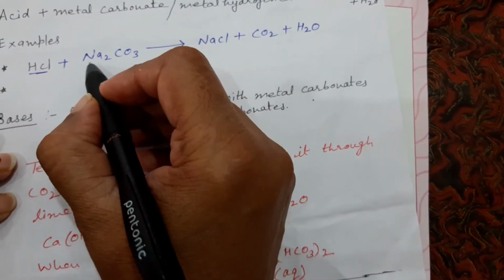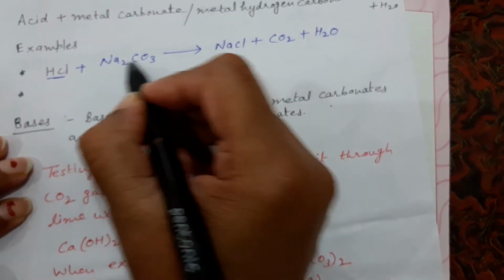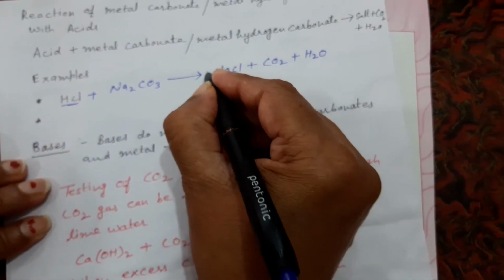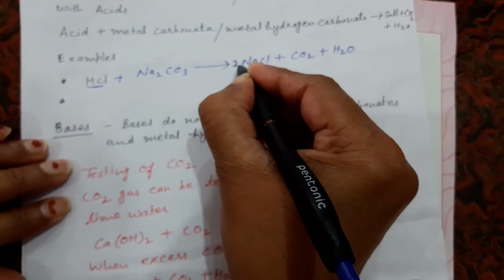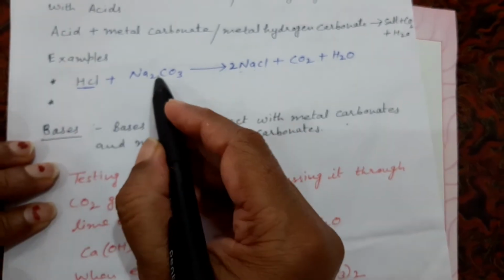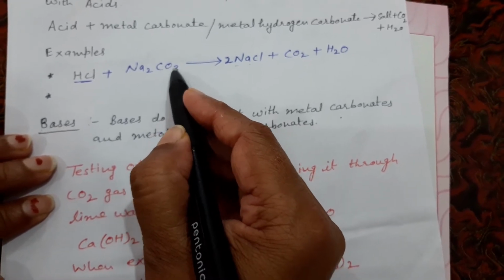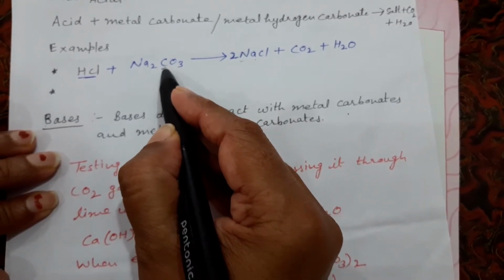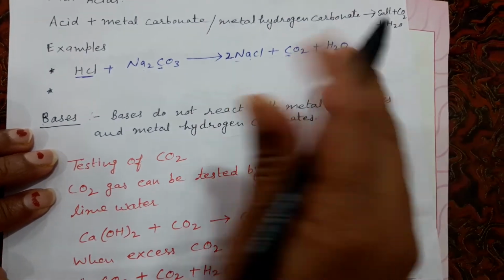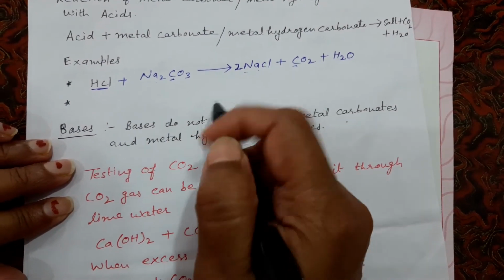First of all, metal, sodium: 2 and 1. For making 2, we put the 2. Now, non-metals except hydrogen and oxygen, there is carbon. One carbon here and one carbon. Both sides are equal.